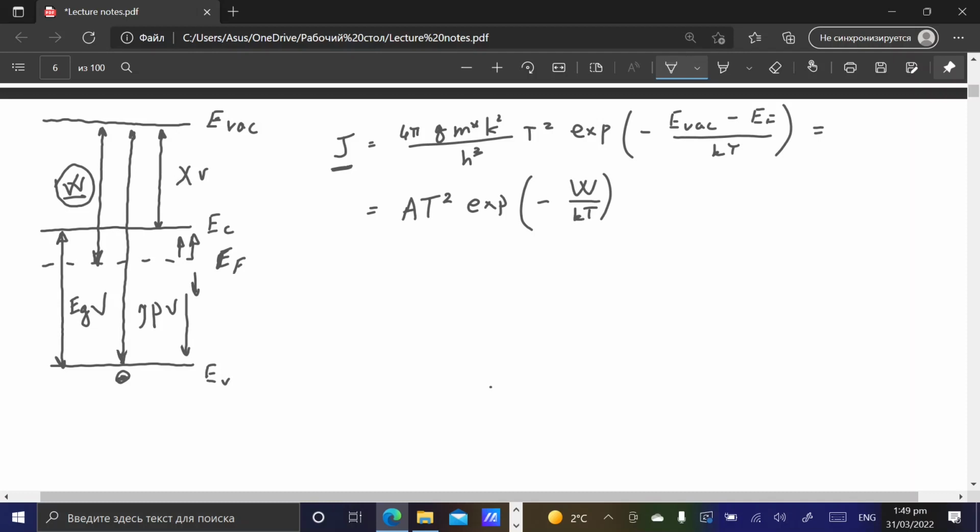So now, as we said, the work function is not a fundamental property of the semiconductor material, it depends on doping.